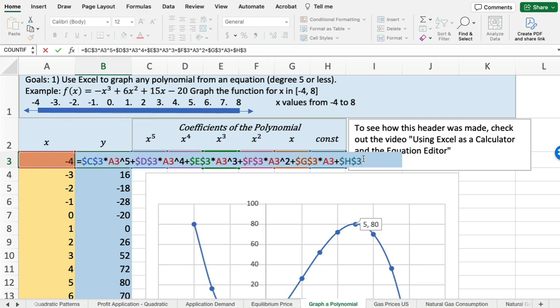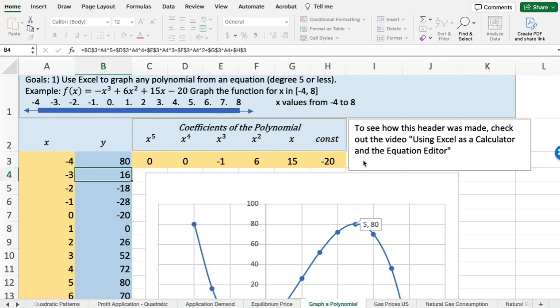So it looks really messy because of all those fixed references. But again, it's worth the effort, because once you get this typed in once, you are once and done. You never have to type it in again. Hit enter.